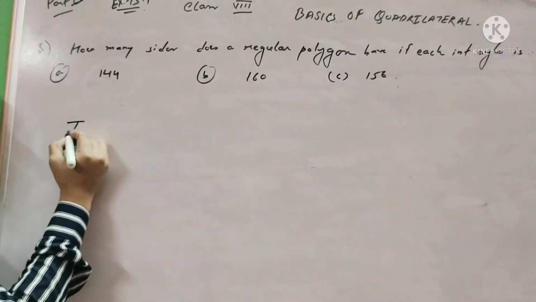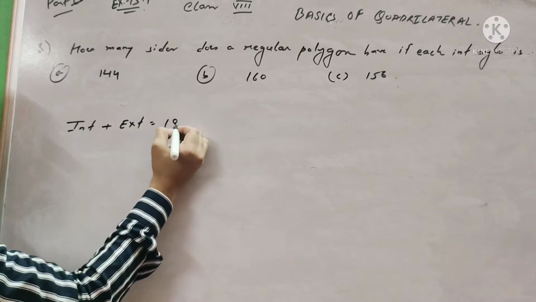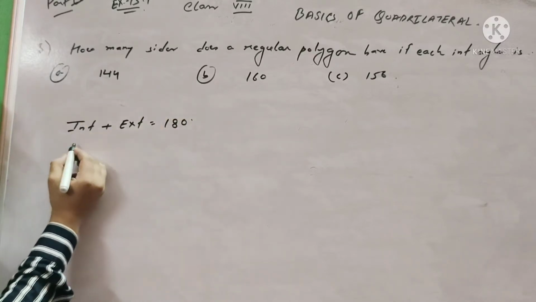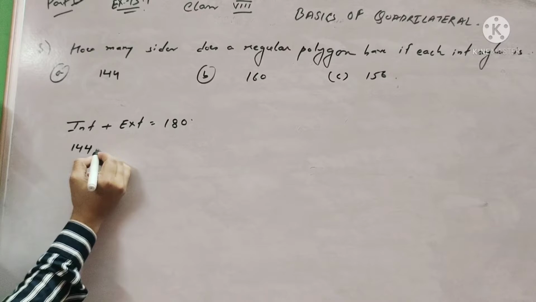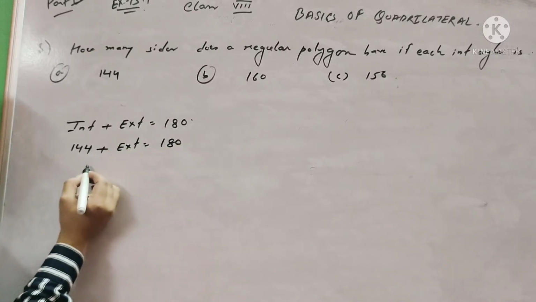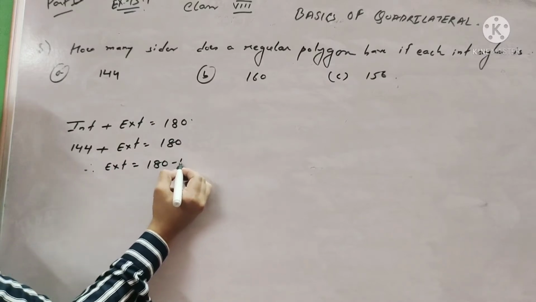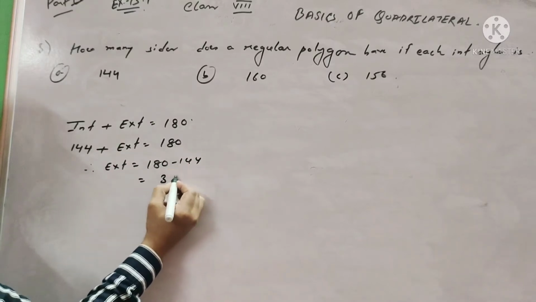So we know that interior angle plus exterior angle equals 180. In place of interior angle we write 144 plus exterior angle equals 180 degrees. Therefore exterior angle equals 180 minus 144, that is 36.